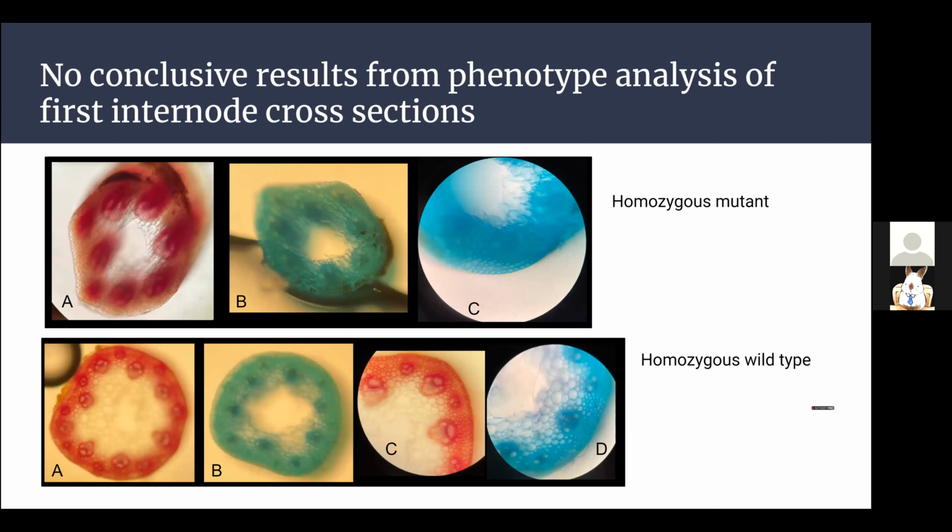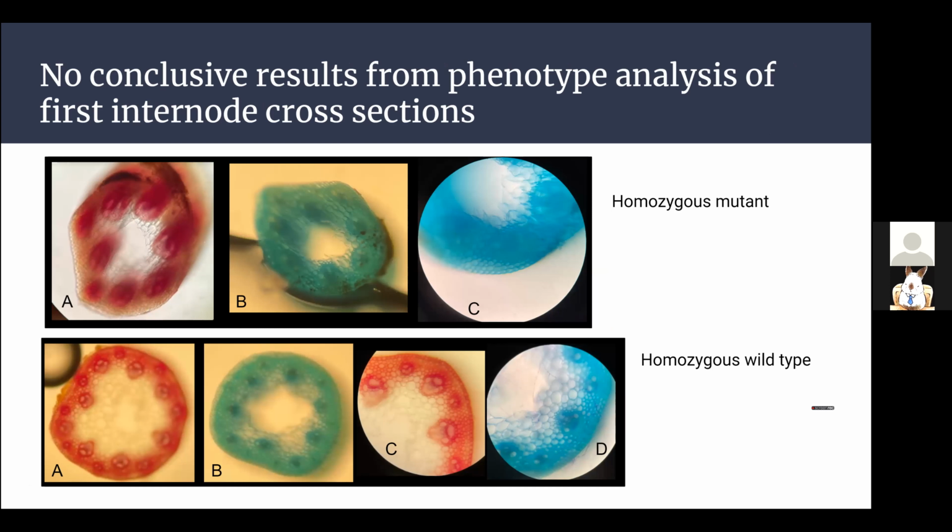So we were able to perform a phenotype analysis based on the Sanger sequencing. We were able to compare cross sections of the first internode of sequences from plants that we knew were mutants versus wild types. And we were able to identify them as mutant or wild type from those Sanger sequencing results.